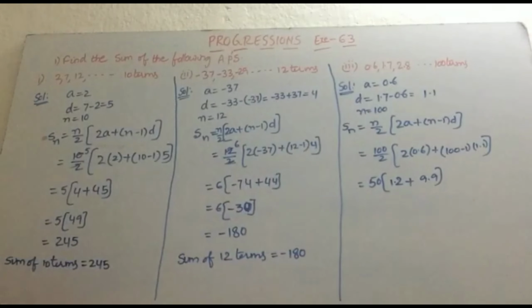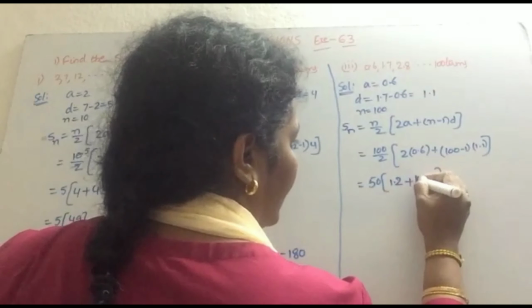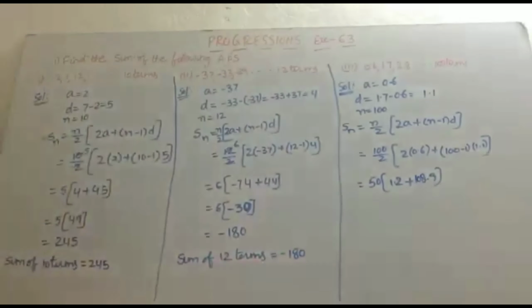Then 50 into 2 into 0.6, that is 1.2, plus 99 into 1.1, that is 108.9.